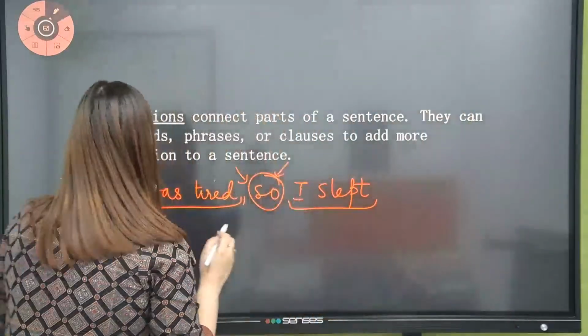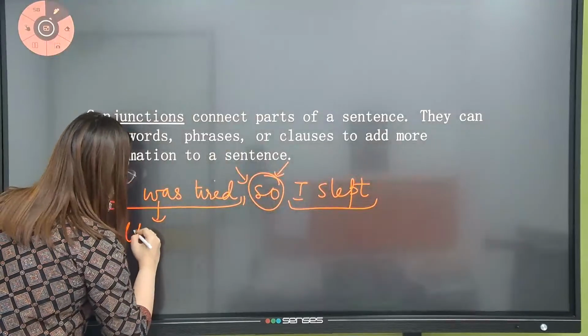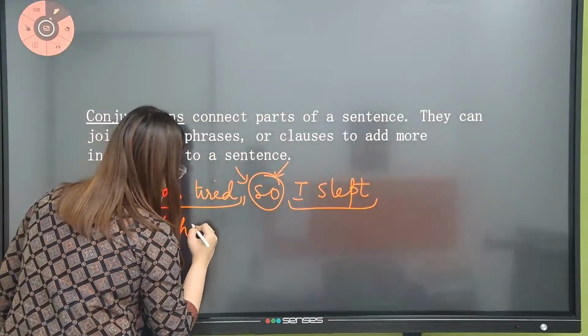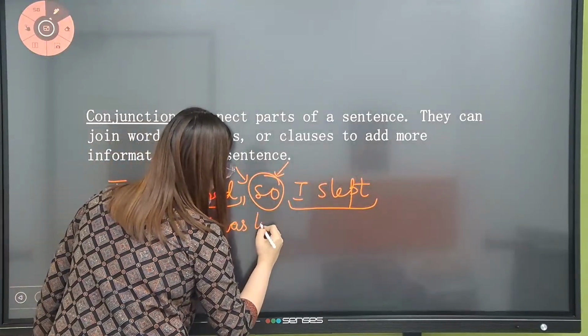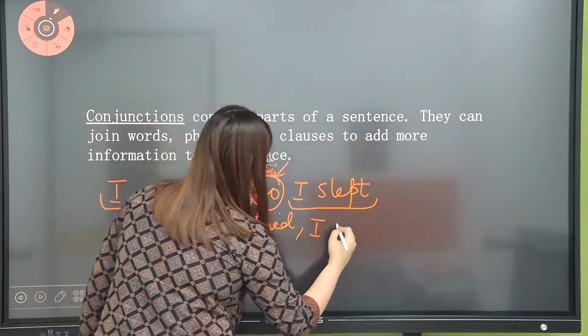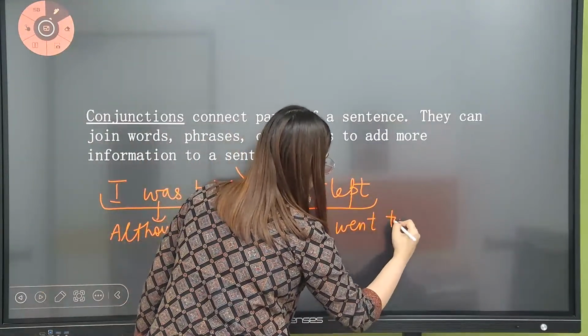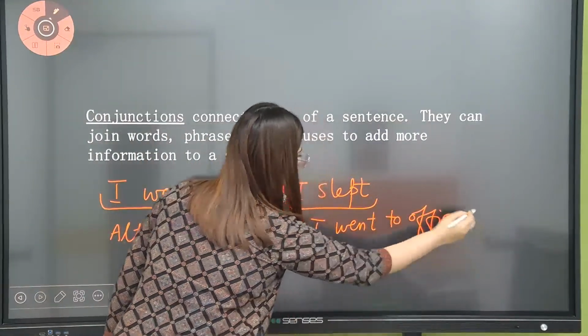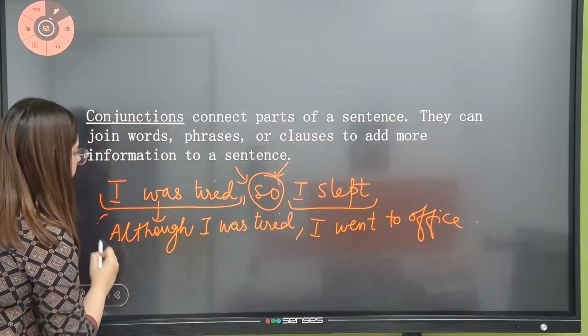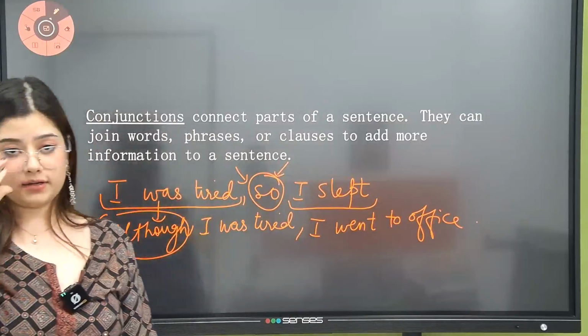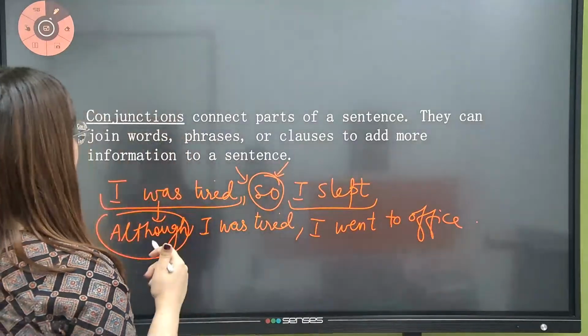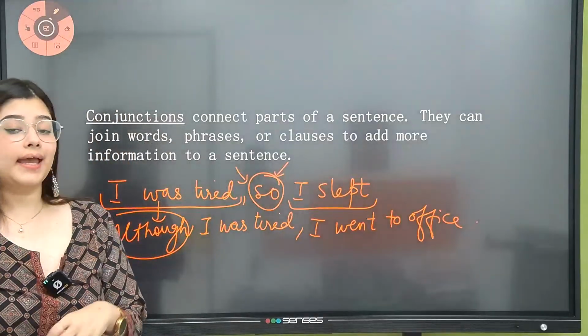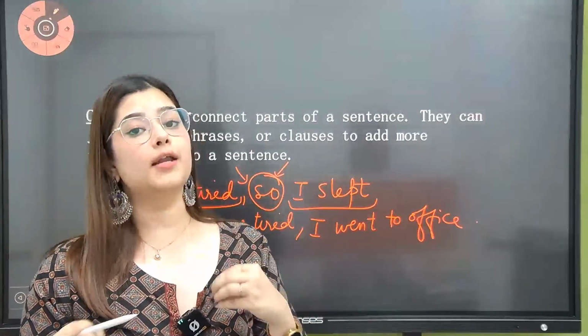Okay? Now, if I say, although I was tired, I went to office. Here, although is a subordinating conjunction. Subordinating conjunctions link an independent clause and a dependent clause.